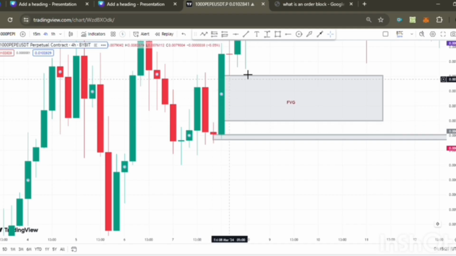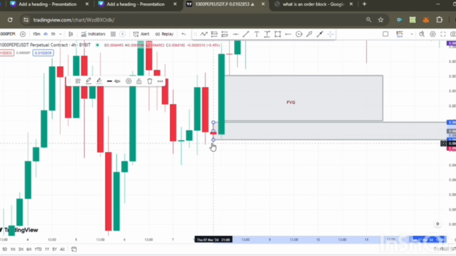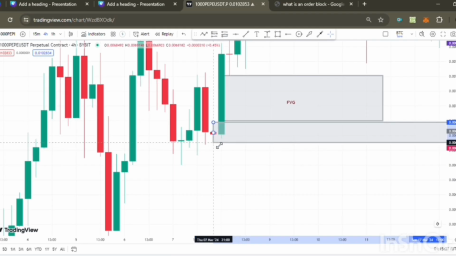That is your entry. Now, what you need to do is pick your rectangular tool and place it at the top of the wick and the lower end of the wick. Make sure it covers the lower and top of the wick.